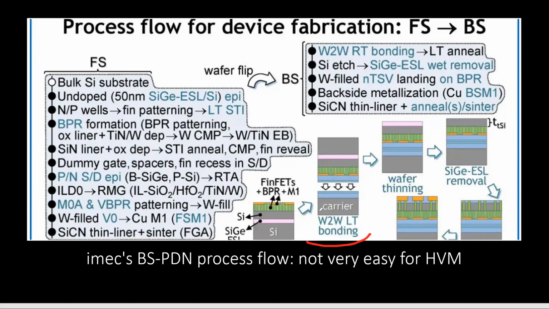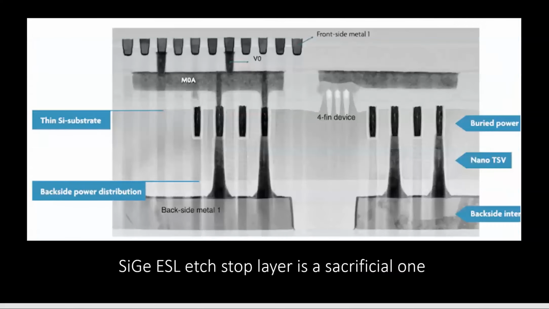Here, I would just focus on two things: the SiGe epi and its impact, and why I say it's not very easy for high volume manufacturing, the foundry. This is a foundry trying to do high volume manufacturing, that's called HVM. At the end of the day, the SiGe is not there. SiGe as an etch stop is a sacrificial one.